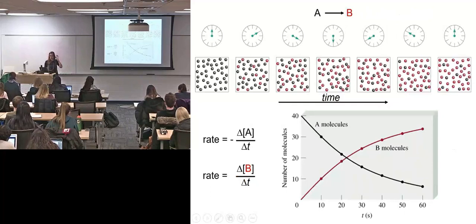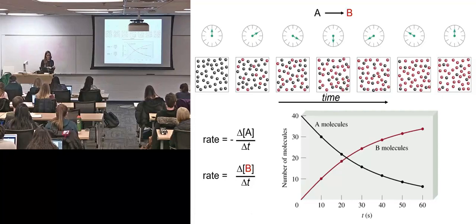So again, this is just showing with time, A here is converting into B. Okay, A is our black molecules, B are the red ones. If you're given number of molecules, how do you get into moles? I have molecules and I want moles.